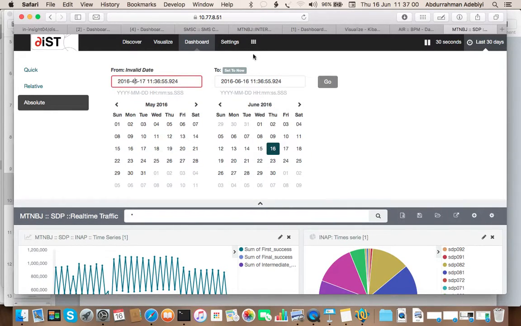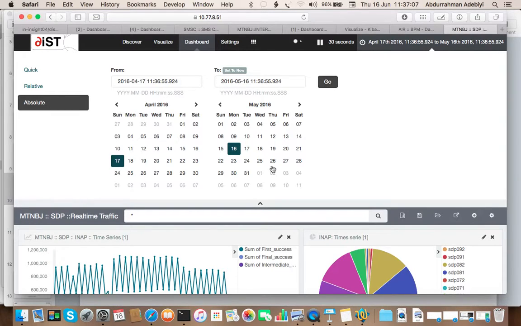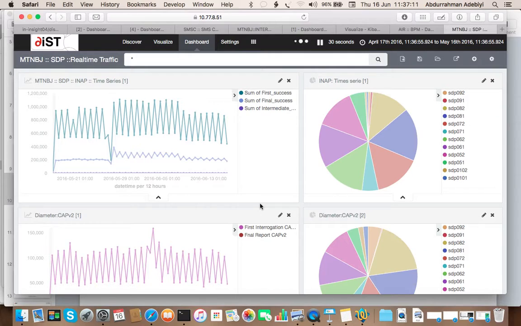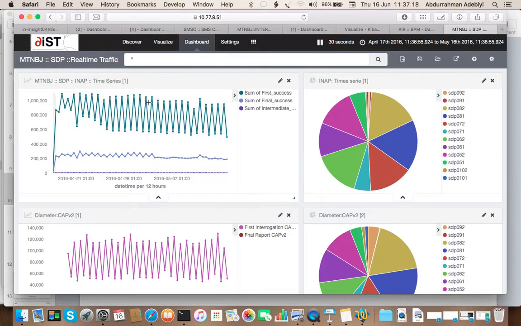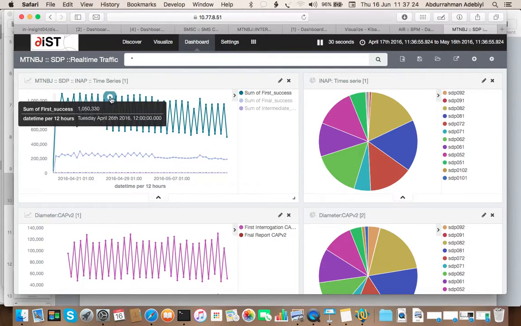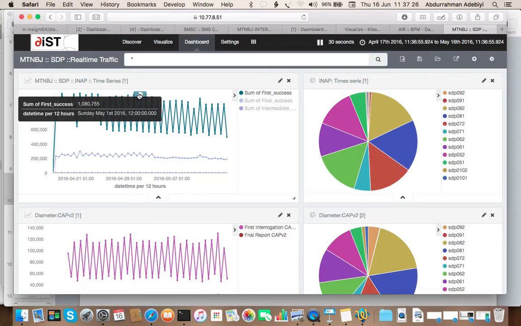Hopefully we do have that in May, and yes, between April and May. While it is loading, yes. So let's see, do we have a particular pattern? Okay, end of the month.